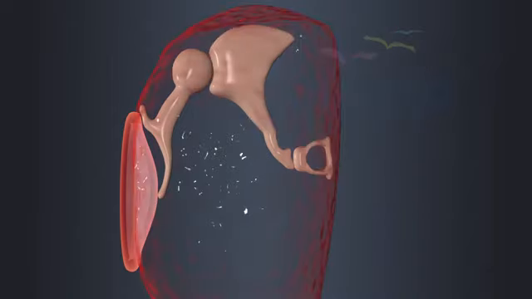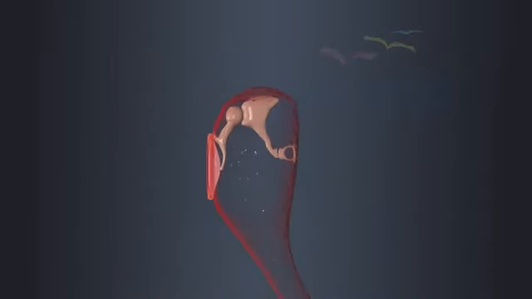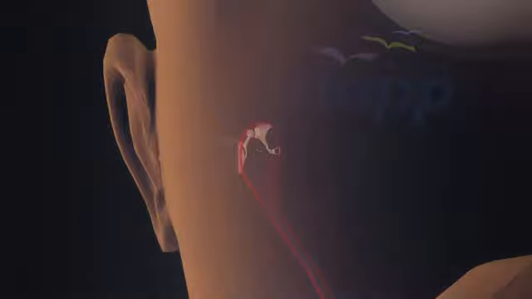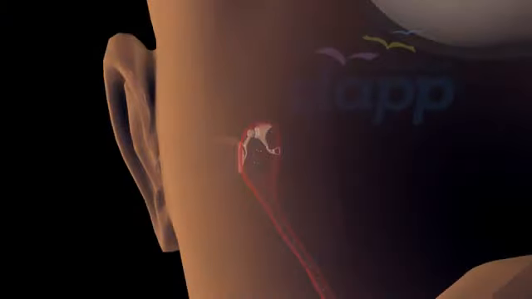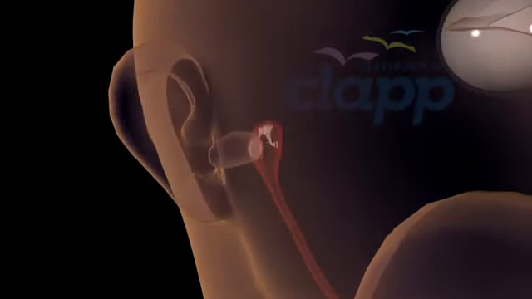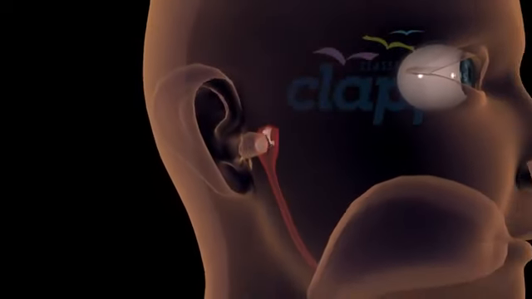In summary, the middle ear acts as a mechanical amplifier, transforming sound vibrations from the tympanum into fluid movements in the inner ear. The middle ear also has a crucial role in maintaining the correct air pressure in the ear.